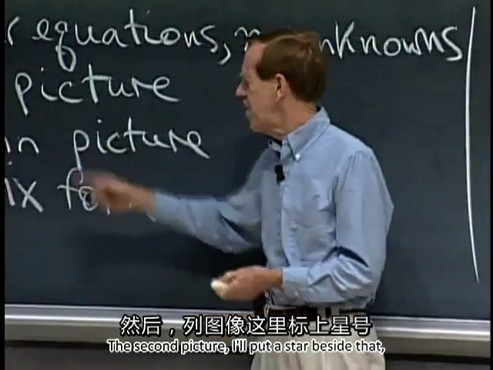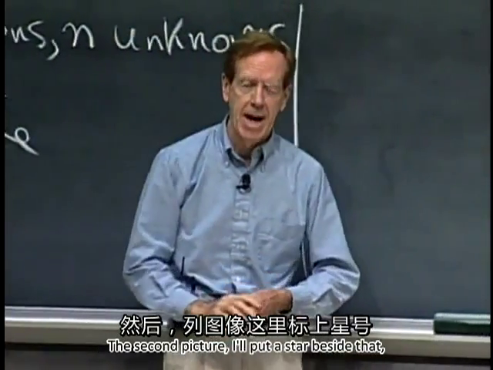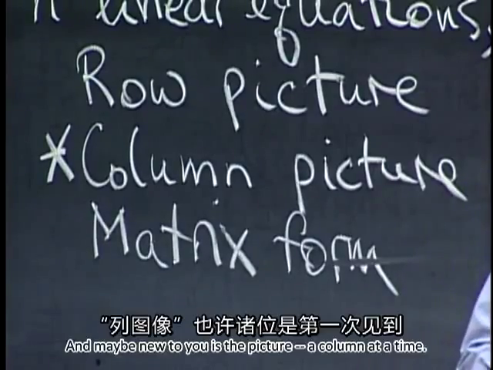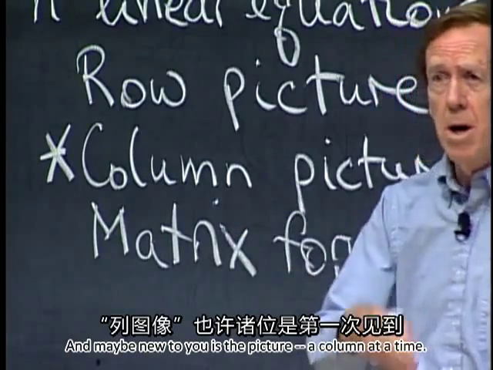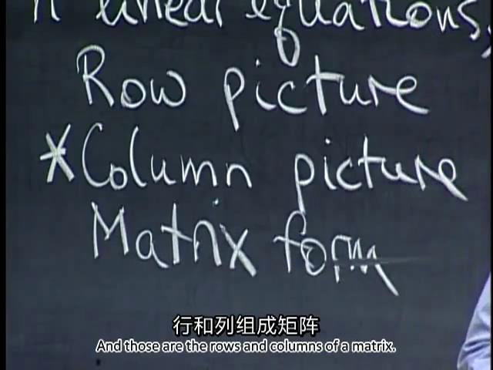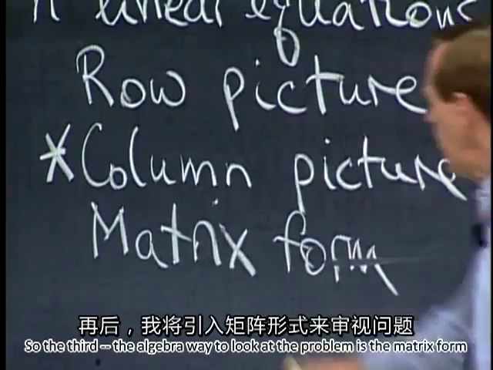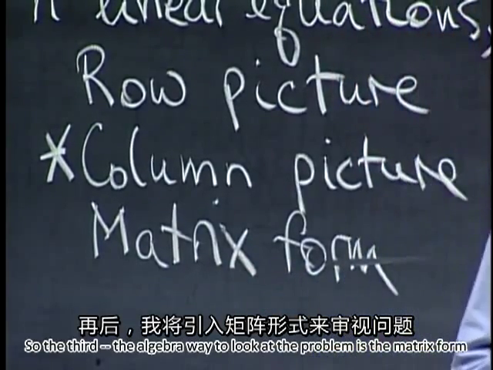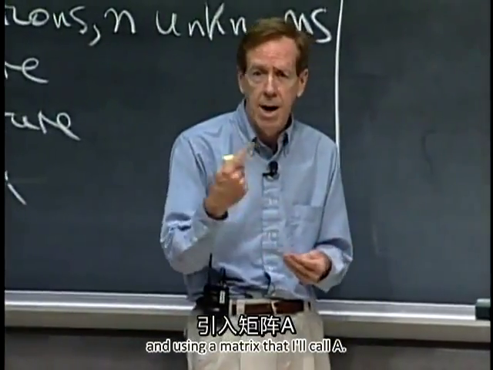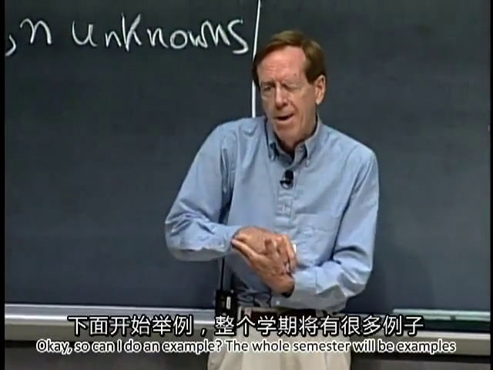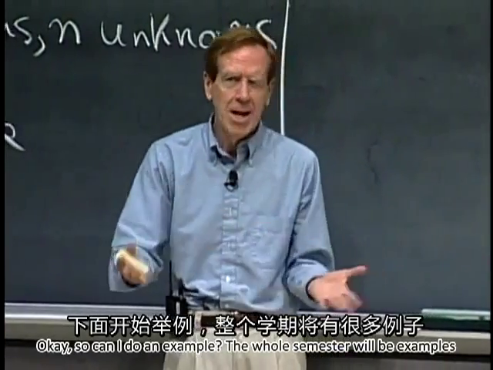The second picture, I put a star beside that because that's such an important one. And maybe new to you is the picture a column at a time. And those are the rows and columns of a matrix. So the third, the algebra way to look at the problem, is the matrix form, using a matrix that I'll call A.